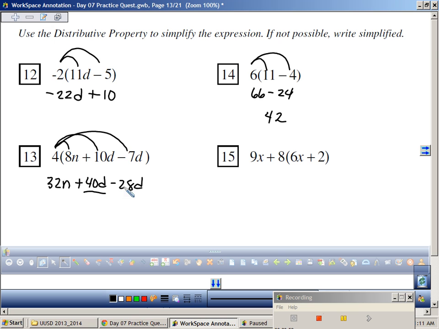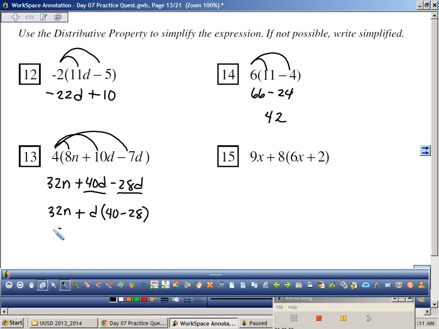So we have 40D minus 28D. Which if I were to do it the correct way would be 40 minus 28, which is how much? How much is 40 minus 28? 12.